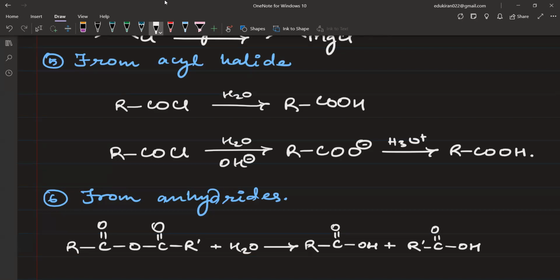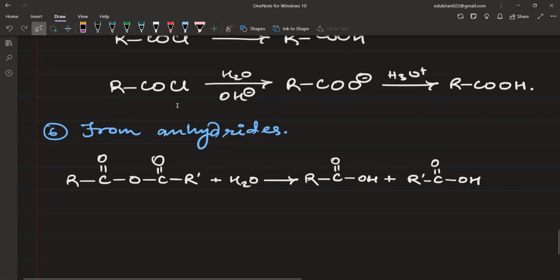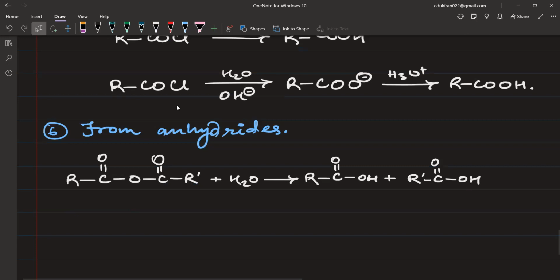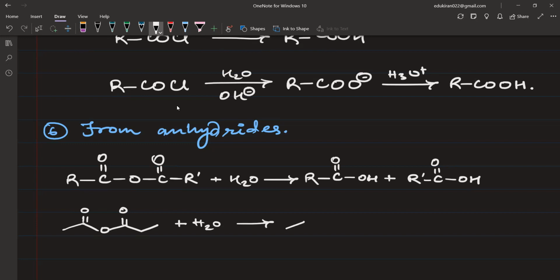So anhydrides give 2 units of carboxylic acid. For example, let us suppose here we have 2 carbon atoms like this. So in this case, I will be getting 2 carbon atoms and C double bond O, OH, plus here we have 3 carbon atoms, and this will be COOH.